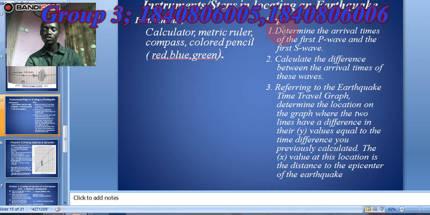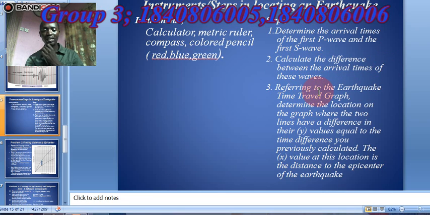The first thing to do is to determine the arrival time of the first P wave and the first S wave. After identifying them, this is just like normal identification. You identify the arrival times. After that, you now calculate the difference, the lag time that we have just explained, between the arrival of the two waves.